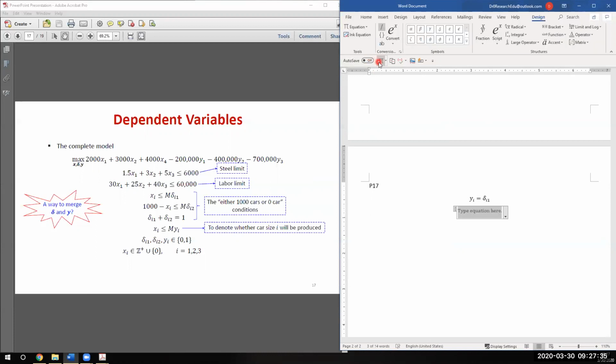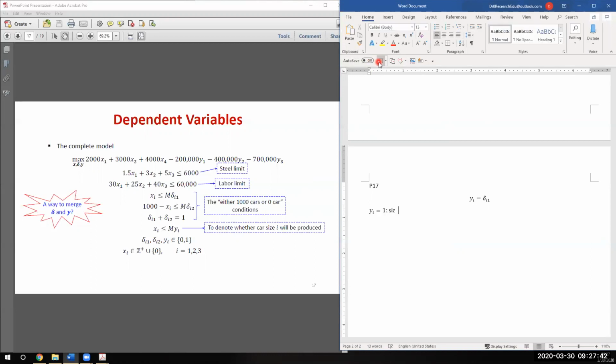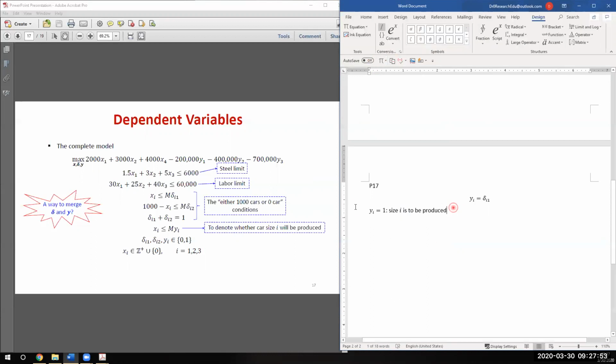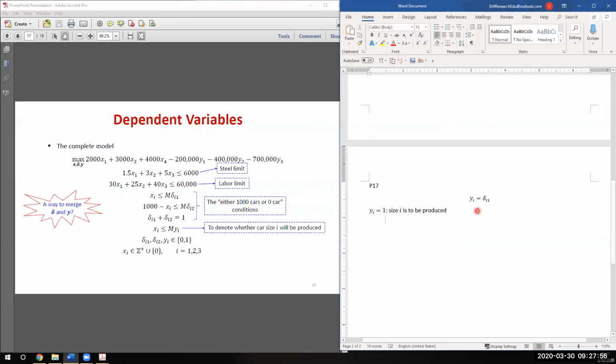Because yi equal to 1 means size I is to be produced, right? And for the same, if my delta I1 equal to 1, that means what? That means this one is 1 and this is m, right?